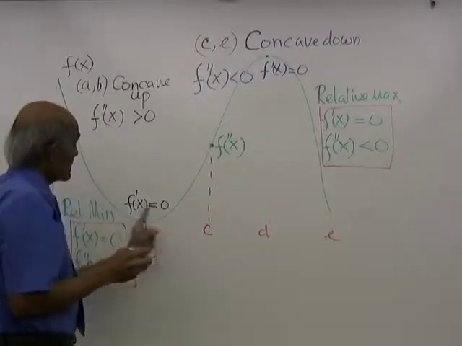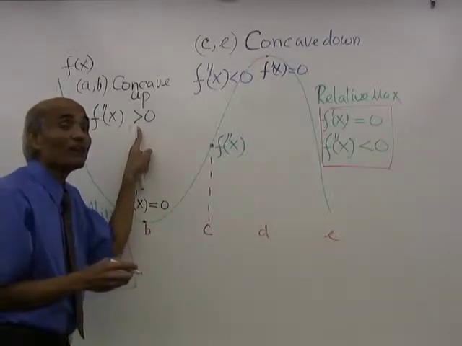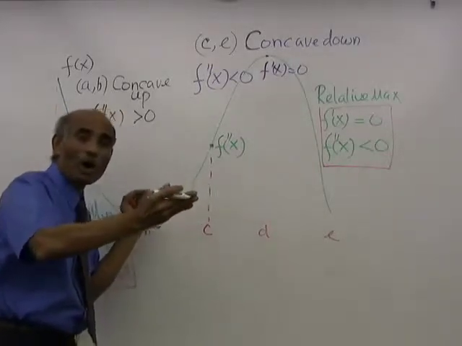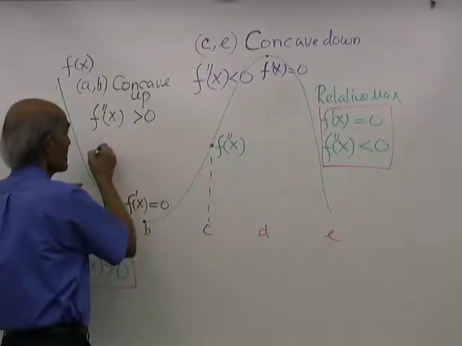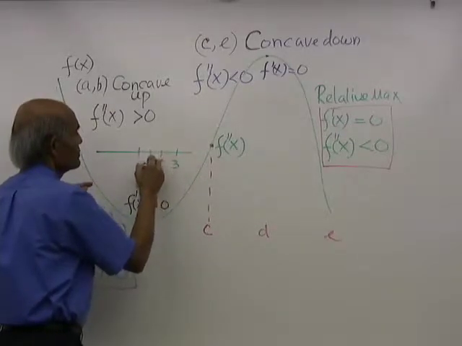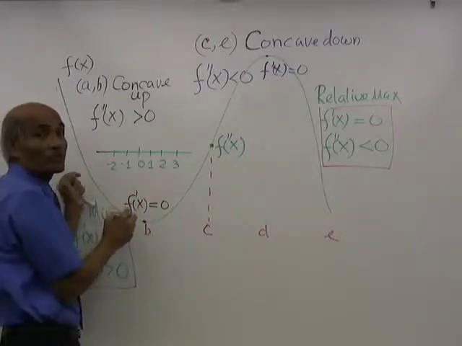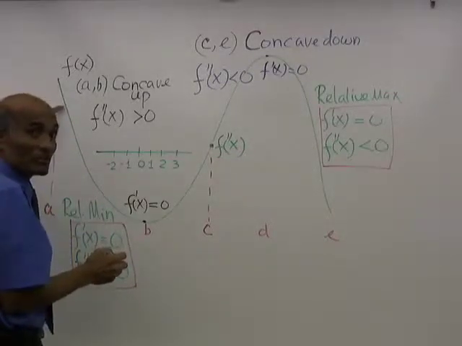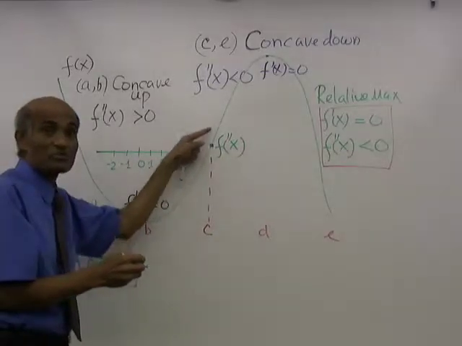From x equal to a to c, you have the second derivative positive. And the only way you can transition from positive to negative is to go through 0. Is that right? If you look at the number line there, you say this is positive 3, positive 2, positive 1, 0, negative 1, negative 2. So you can see the second derivative is positive and the positive values give way to negative.